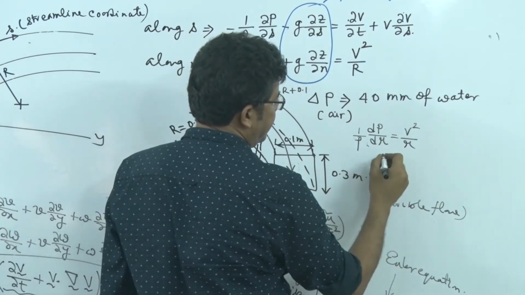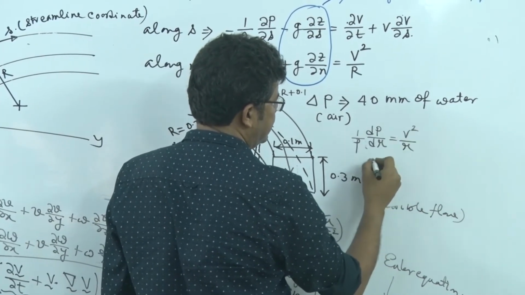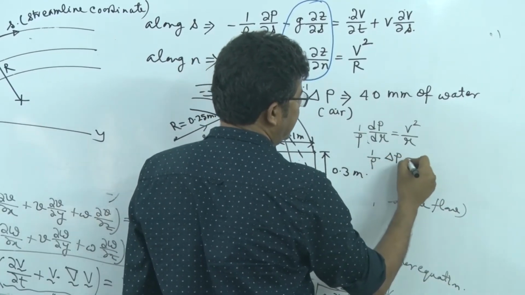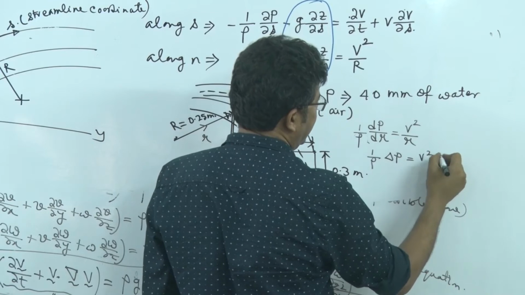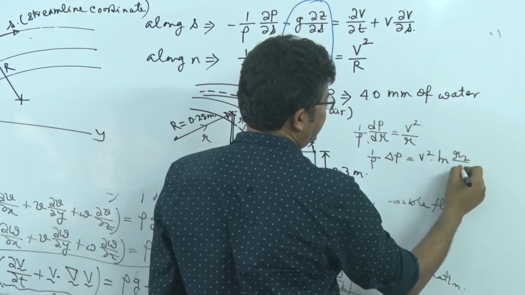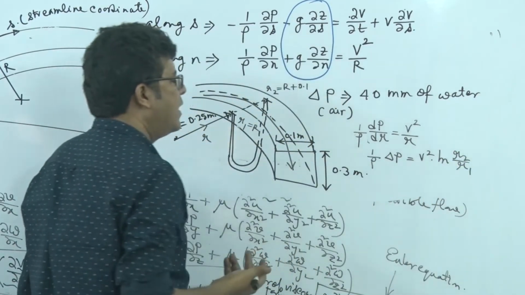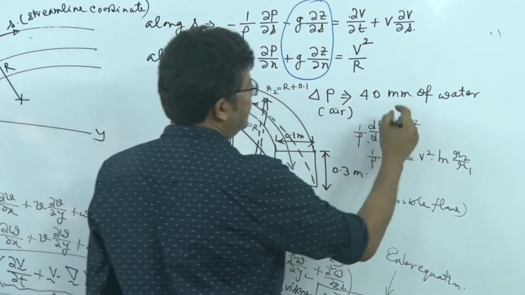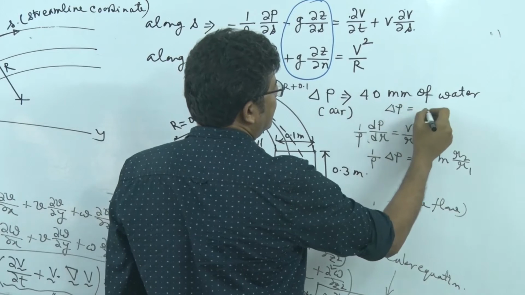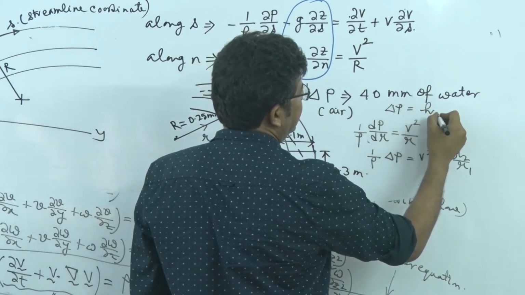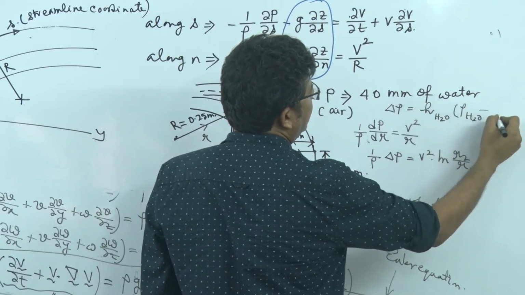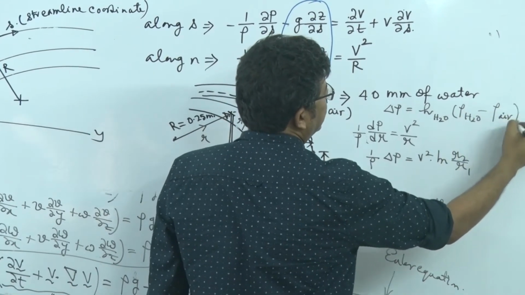So 1 by rho into delta p is equal to v square into ln of r2 by r1. And here you can see that delta P is simply the level of water, into rho H2O minus rho air into g.